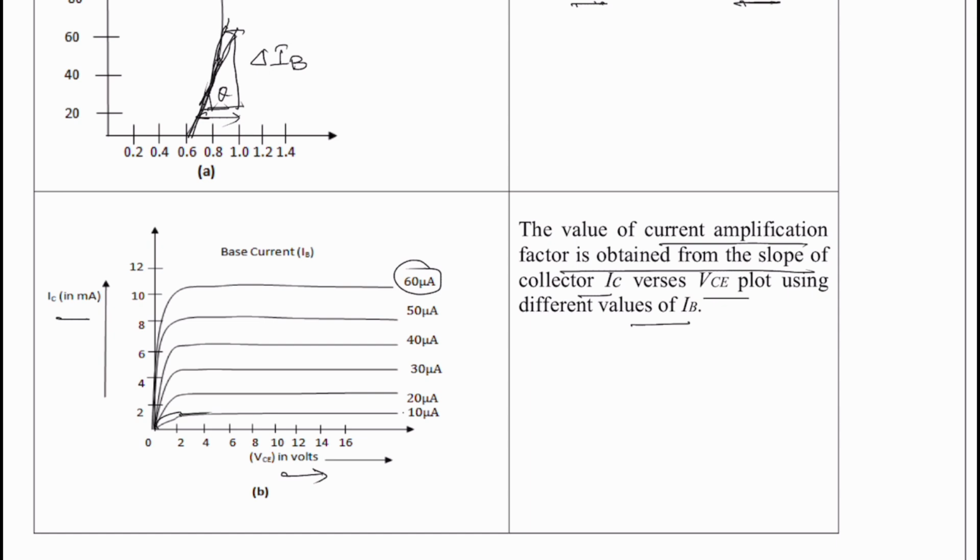So for different base currents, the collector current initially increases and then saturates, then becomes constant. This gives me the value of the current amplification factor by the slope of the collector current versus the collector emitter voltage, correct?